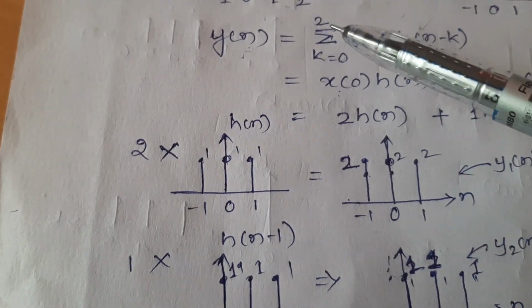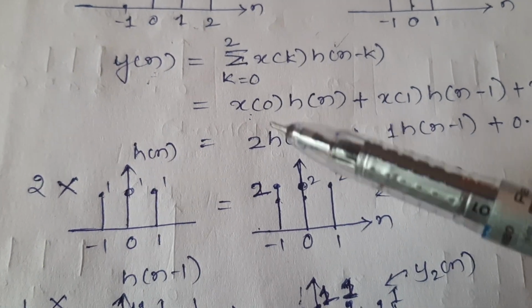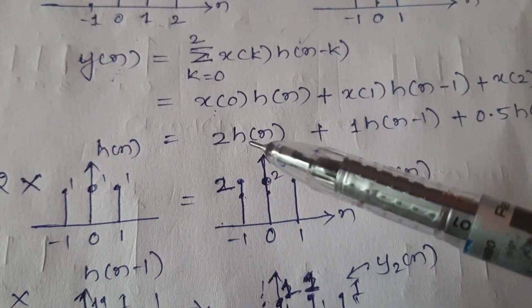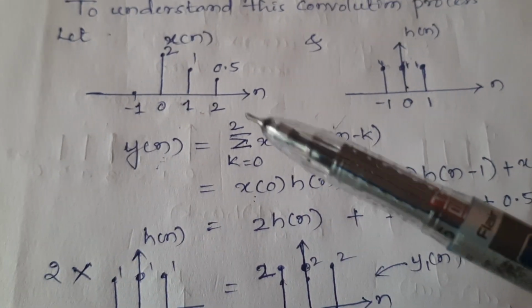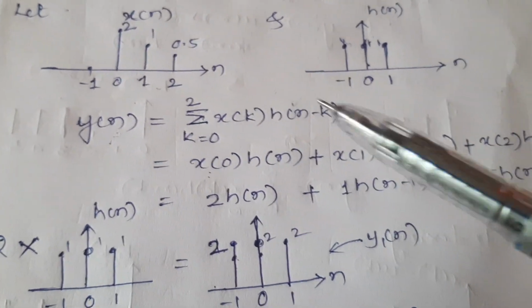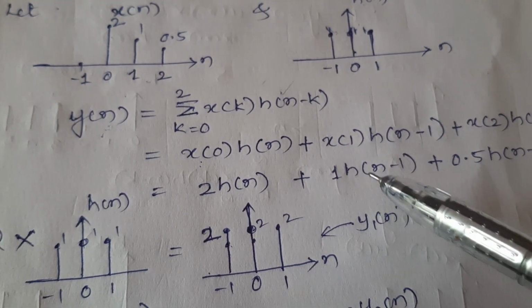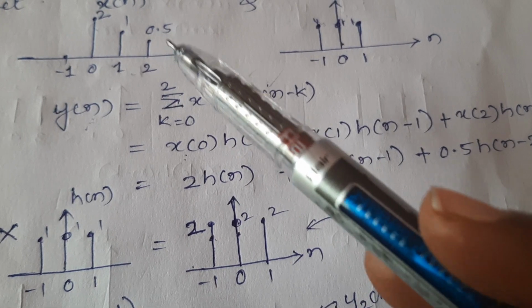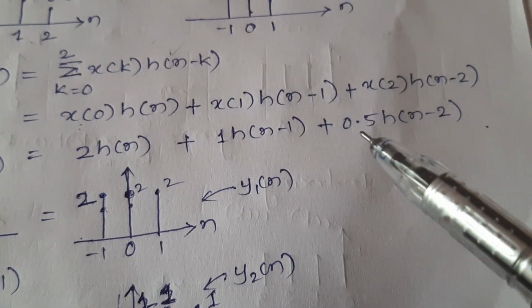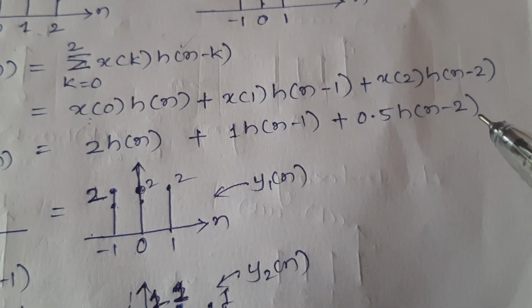So this becomes 2 h of n plus 1 into h of n minus 1 plus 0.5 into h of n minus 2.